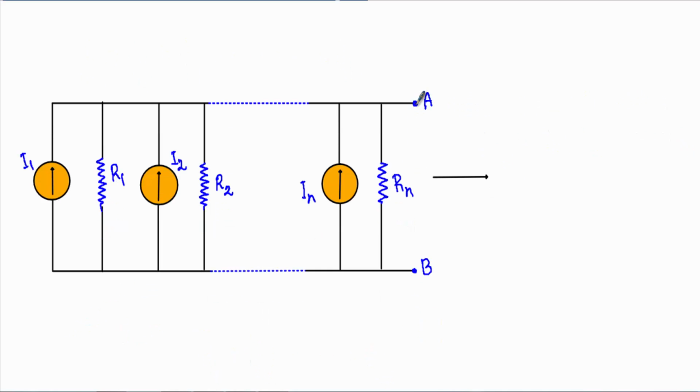Now if you look at the circuit connected between the A and B terminals, the circuit contains current sources and resistances in parallel. According to Norton's theorem, we can replace this entire circuit with a single current source in parallel with a resistance with respect to these two terminals.